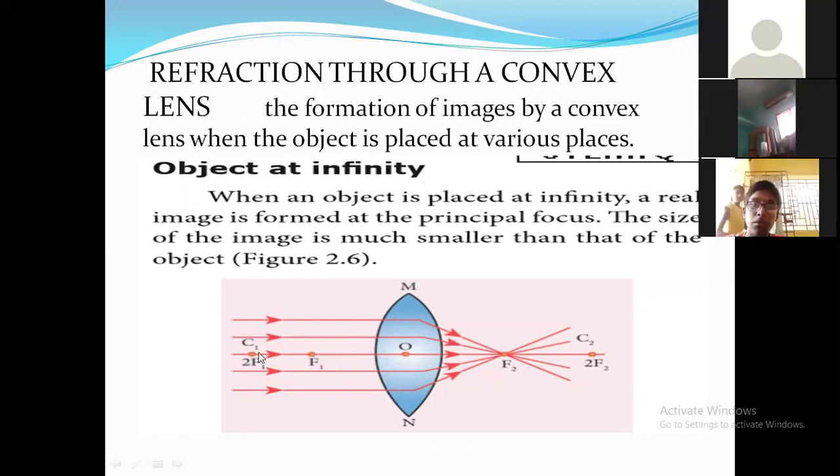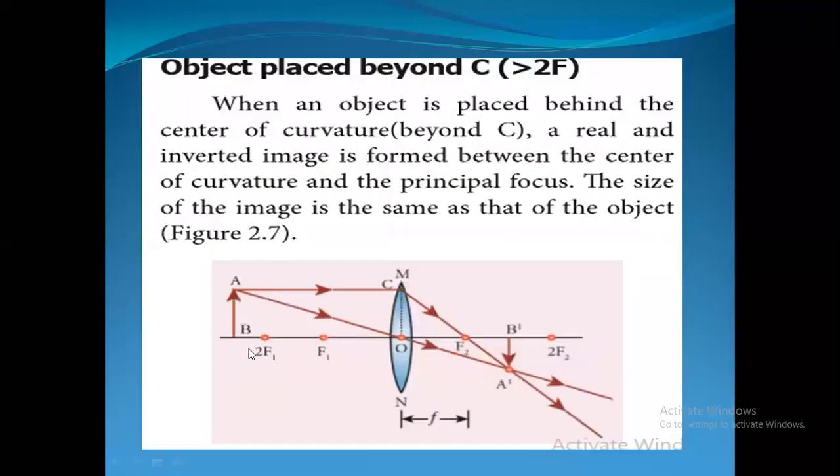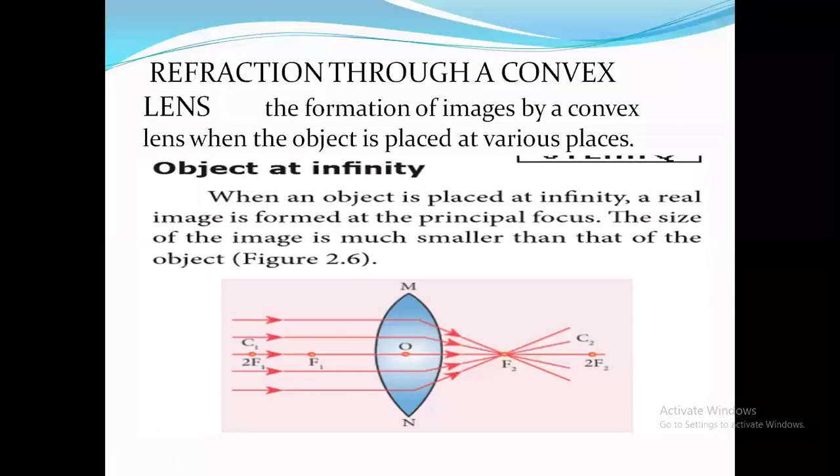That is called the C point, C1, the center of curvature. That is indicated by the letter C1. This is the left side, and then the right side also has F2, 2F2, C2.